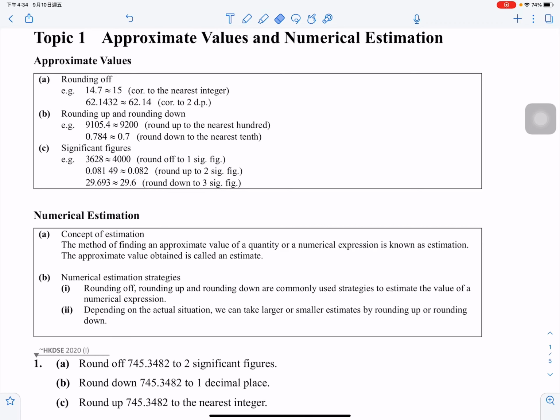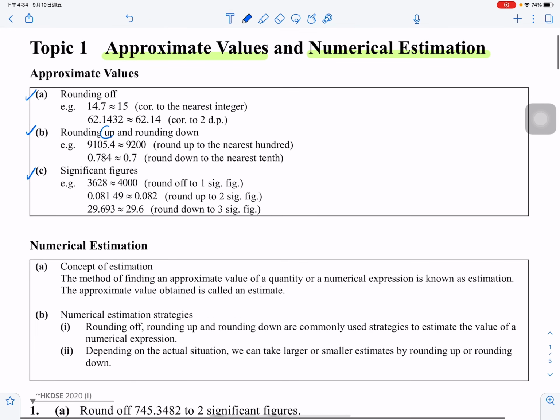Today we have a look at approximate values and numerical estimation. For approximate values, I think you remember there are three different kinds: rounding off, rounding up or rounding down, and significant figures.